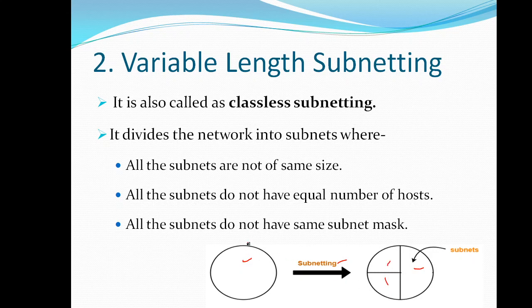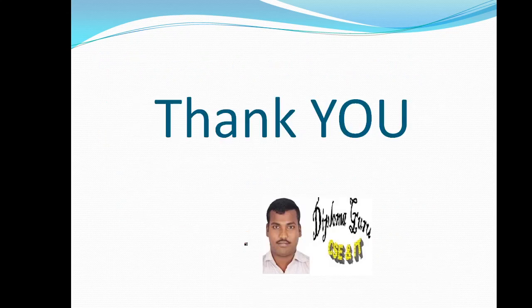So all the subnets do not have the same size. As they are not the same size, they won't accommodate an equal number of hosts, so each subnet must have its own individual subnet mask. This is about variable length subnetting.